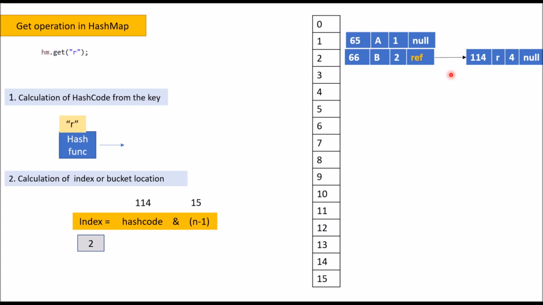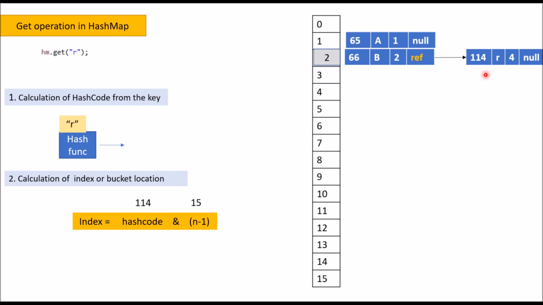But wait here, at the index of 2 we have 2 entries again, and we know we will do sequential comparison. So at the first node, 66, B, 2, what is the hash code? 66. What is the hash code of the key? 114. Both are not equal, so go for next node.